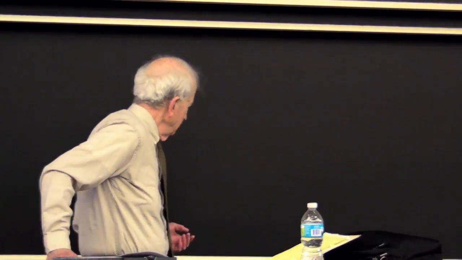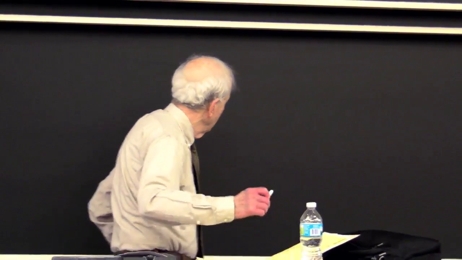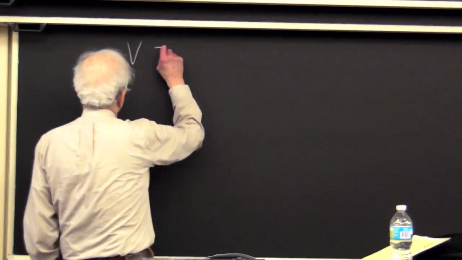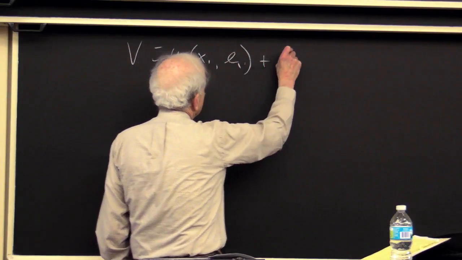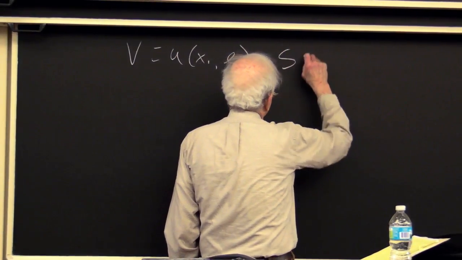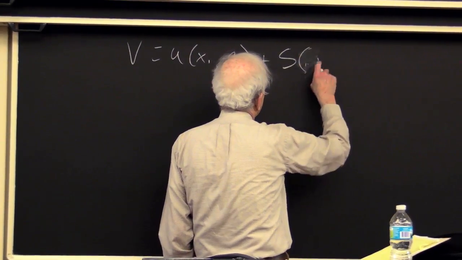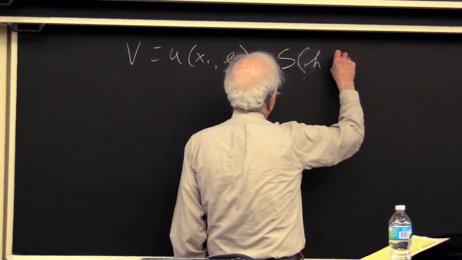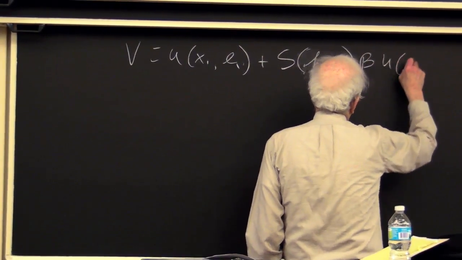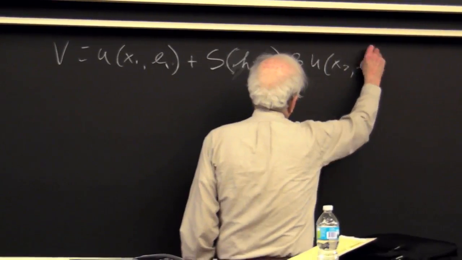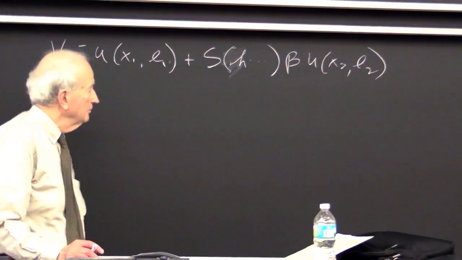I'll rewrite it here. S is the probability of surviving through the second period. Beta is the usual discount rate.